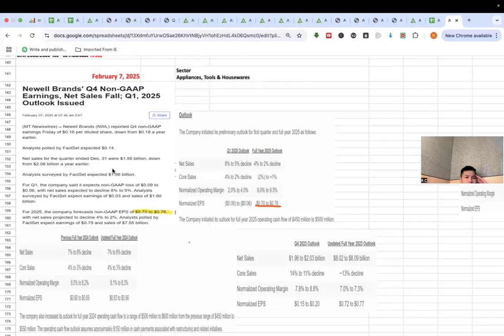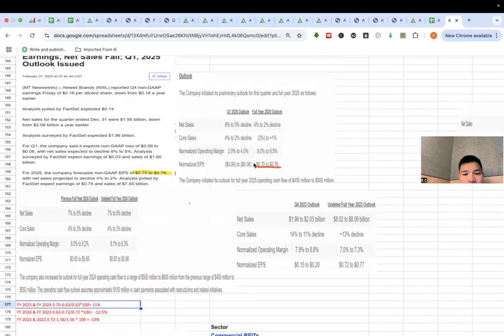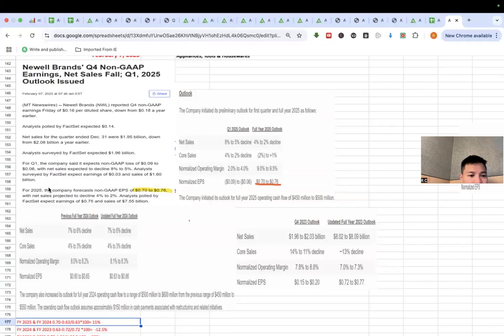New World Brands. 11% up. This is 50, this is 12. I need to make sure if 11% is something that's never happened before. Let's have a look. 0.7, 7. This is 0.63. Expected 0.7, net sales projected decline.